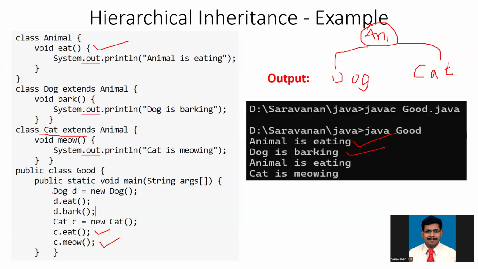Inheritance only provides the relationship between the classes, but allocating memory is done in the object. Here, extends provides the relationship, Dog extends Animal, but when the object is created, memory is allocated.